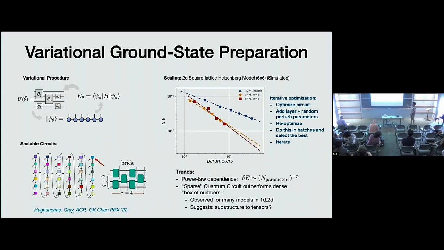The two different things I'm comparing here are: do I treat my matrices as a big box of numbers with no structure, or do I generate them with a sparsely parameterized quantum circuit that has one or some constant number of parameters per gate, but not enough to completely specify the tensor. And it turns out that some of this big box of numbers was not doing anything for you, so searching around in it was a bit wasteful.